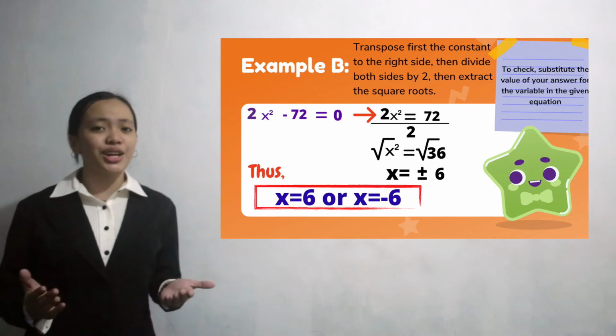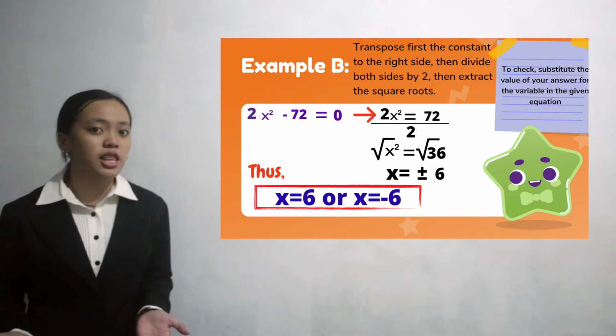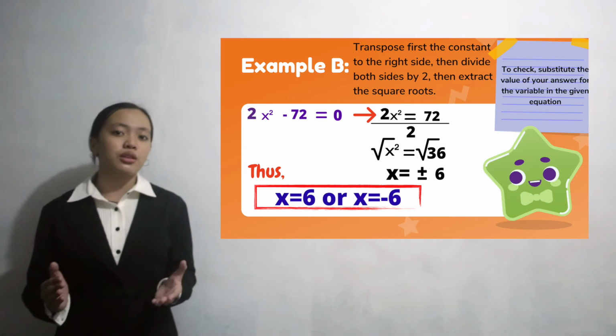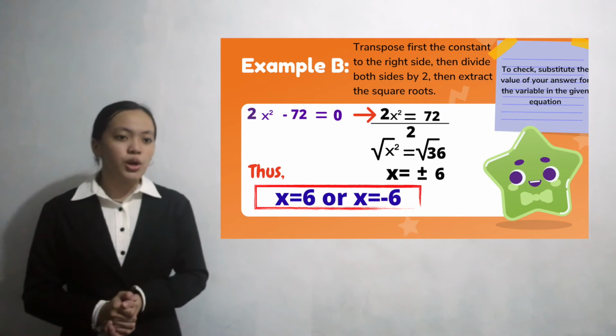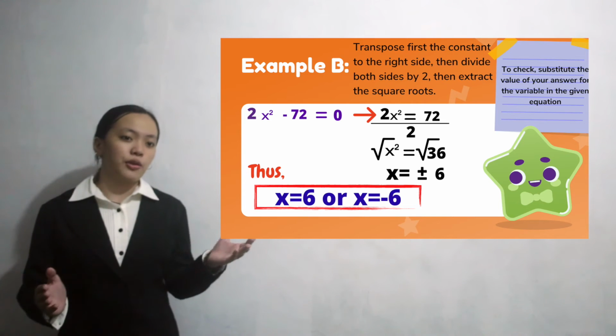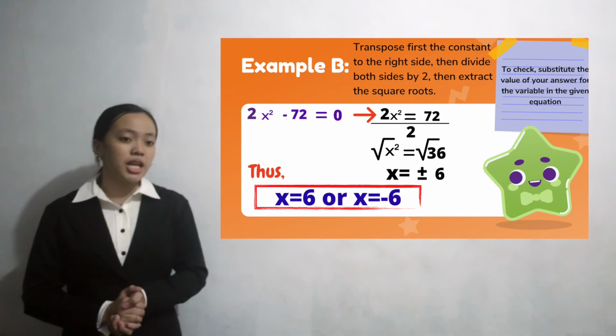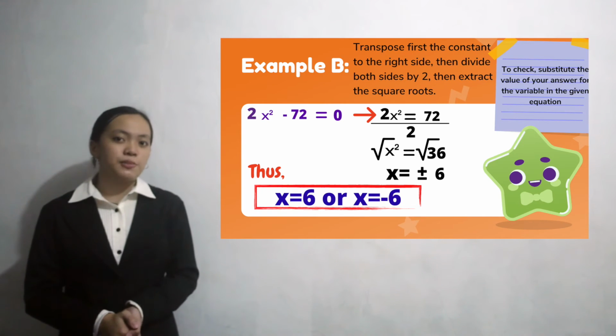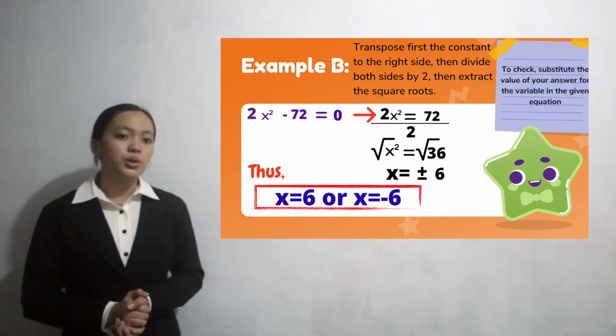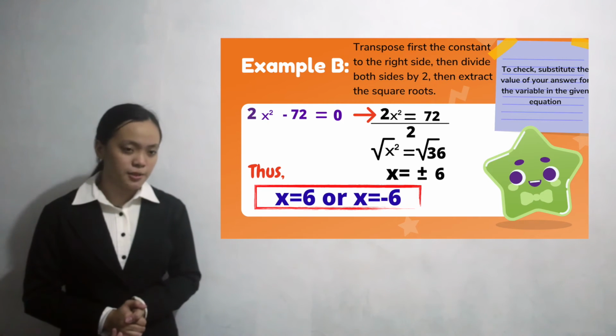Since there is still a coefficient, we need to cancel it out by dividing both sides by 2. We cancel out the 2 and have the remaining x squared equals 36, because 72 divided by 2 is 36.